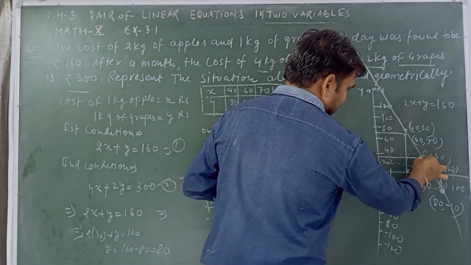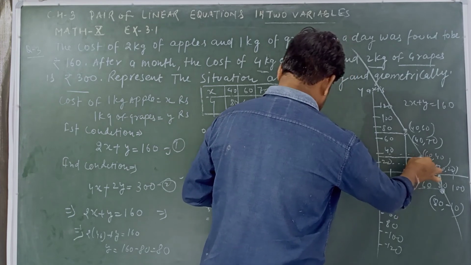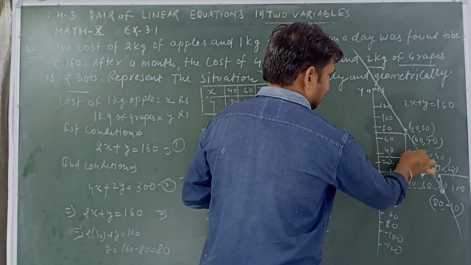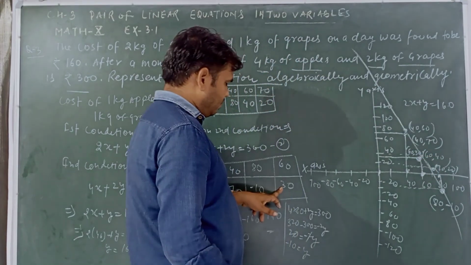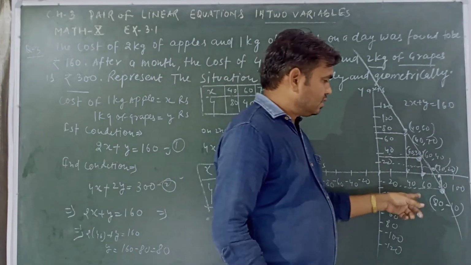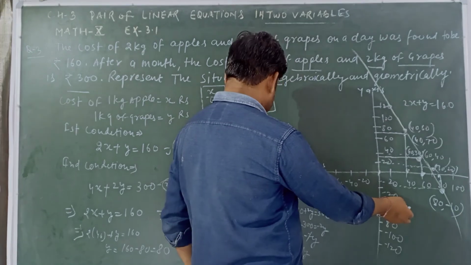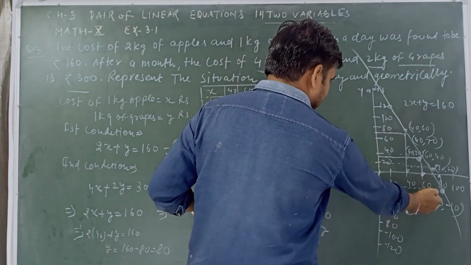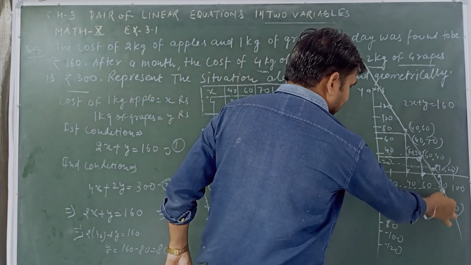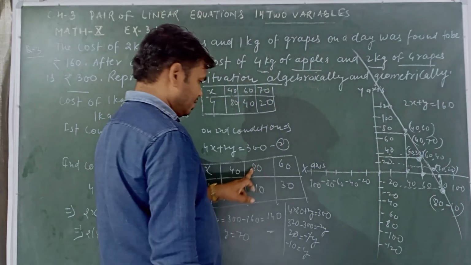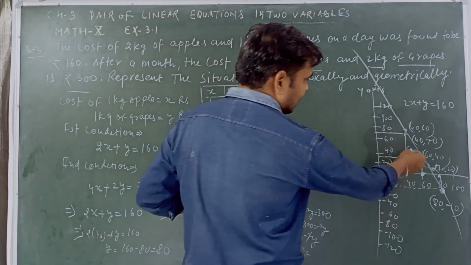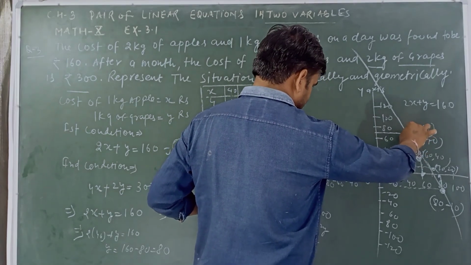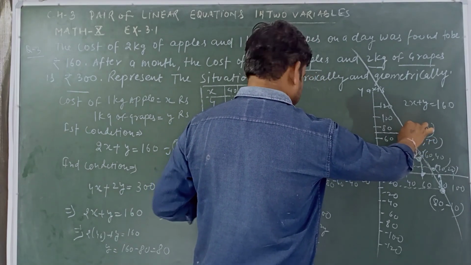So we got 3 points: 80 and minus 10, 40 and 70, and 60 and 30.